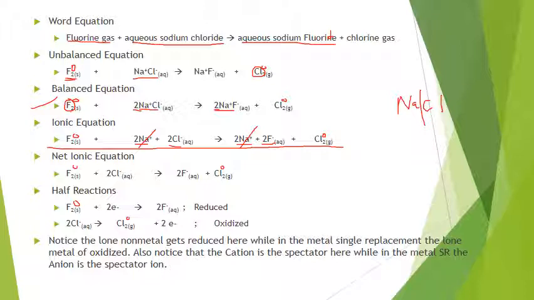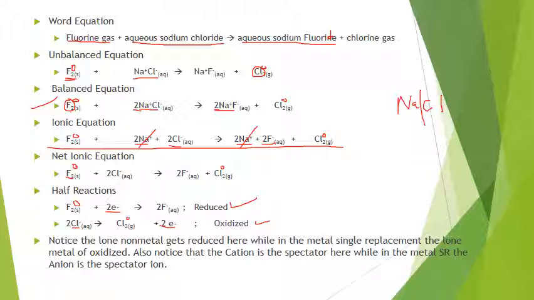Okay, that's my net ionic, and then what we do is look at the individual parts. We have fluorine going from no charge to 2 minus, so that means it gained 2 electrons. And the chlorine did the opposite, it went from minus to no charge, so it lost 2 electrons. So the fluorine is reduced and the chlorine is oxidized.